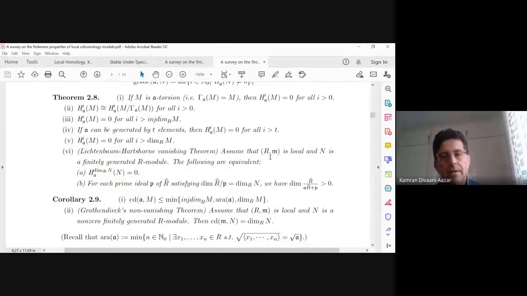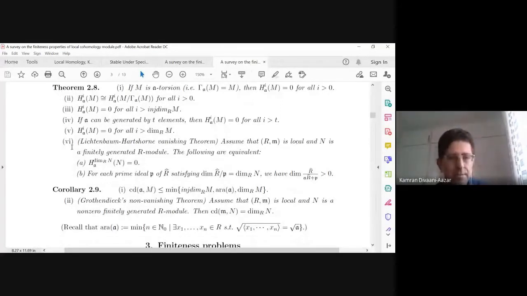Let R be a local ring with maximal ideal m and N a finitely generated R module. The following are equivalent. Sorry, the last part. I said this is a vanishing result, but because it's an equivalence with the vanishing of local cohomology, you can consider it another way as a non-vanishing.